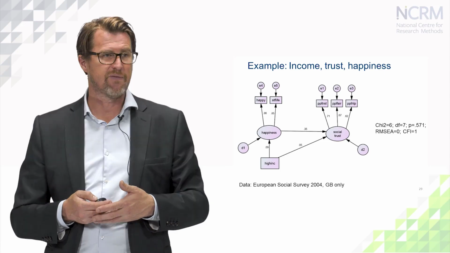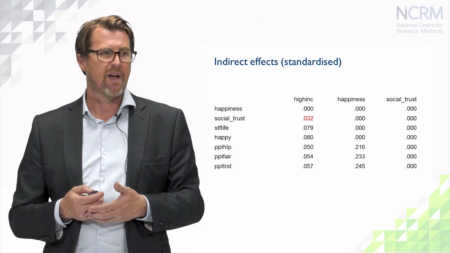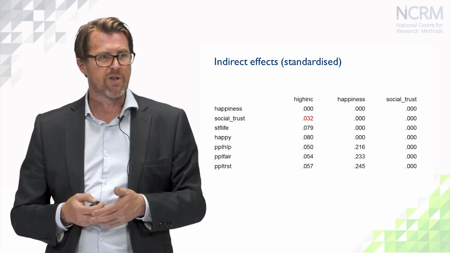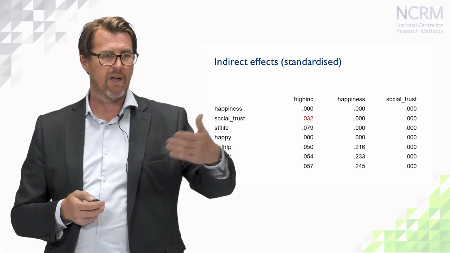If we do that, we get a figure of about 0.032, which if you look at this slide, you can see this is some output from Amos software, and you can see there in red the indirect effect of the column variable, which is high income, on the row variable, which is social trust, is 0.032, which is the product of those two coefficients. And you can see that all of the possible path estimates are provided there directly in the output.